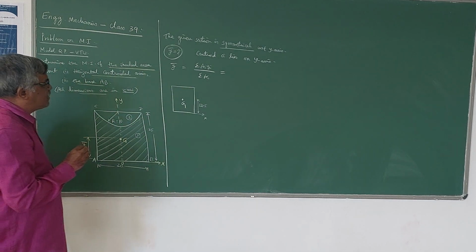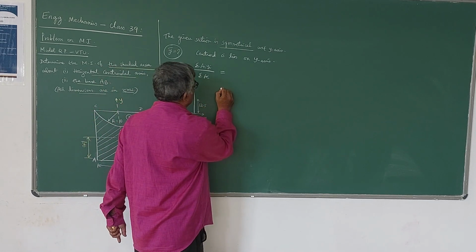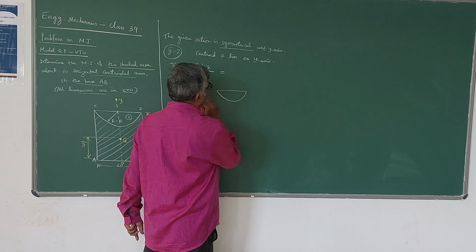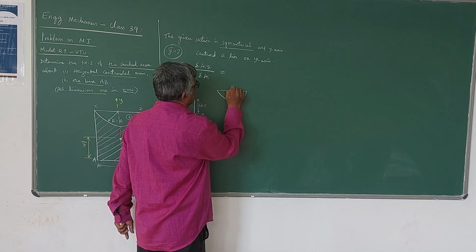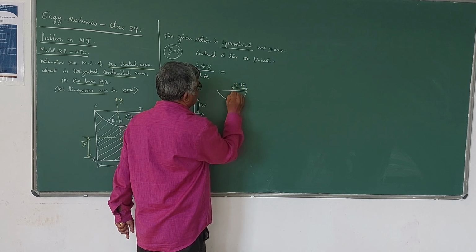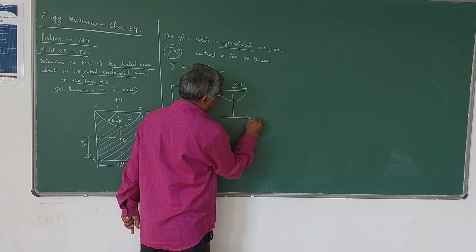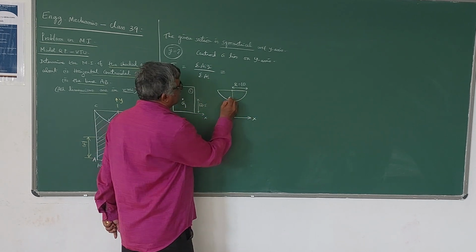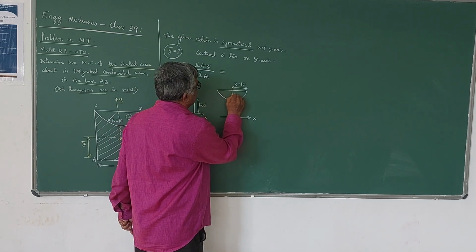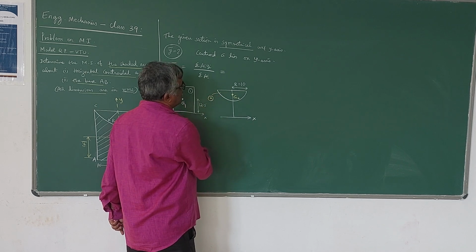Similarly, we take the semicircle as the second area, and this area I can calculate later. The second portion is the semicircular lamina like this, whose radius is given as 10 centimeters. If you look at the centroid of the semicircle, I will take this as d2 because this area I am going to take as 2.